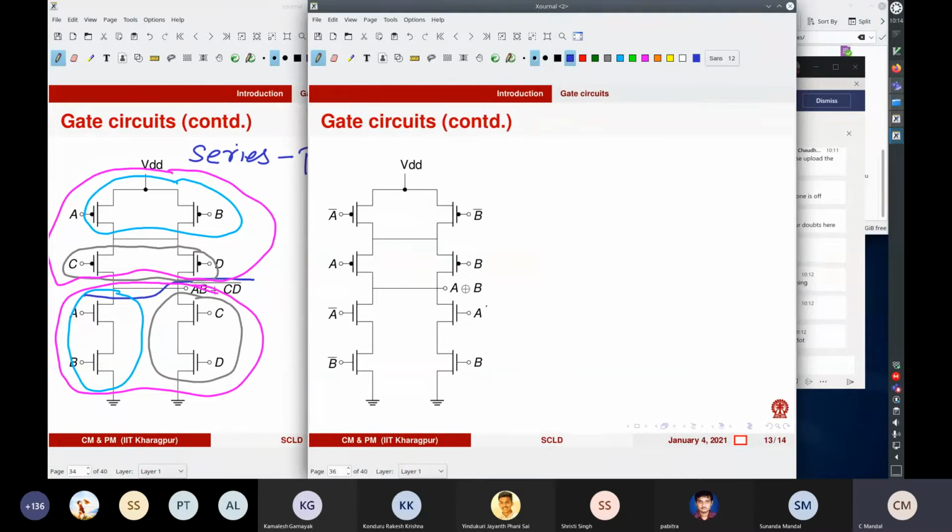So if you just look at it, this is equivalent to the complementation of XNOR. I'm just writing it this way.